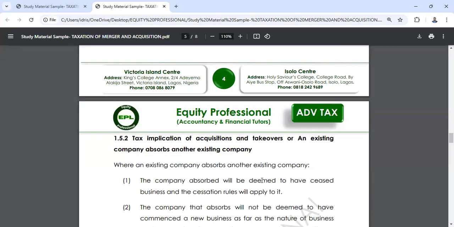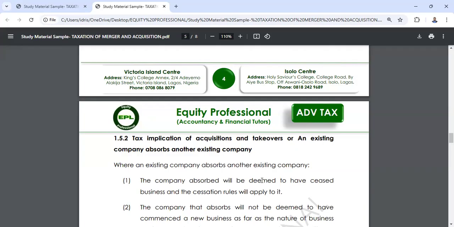Number one, in acquisition, we have the absorbing company and the absorbed company. The absorbing company is the one that acquires the absorbed company.